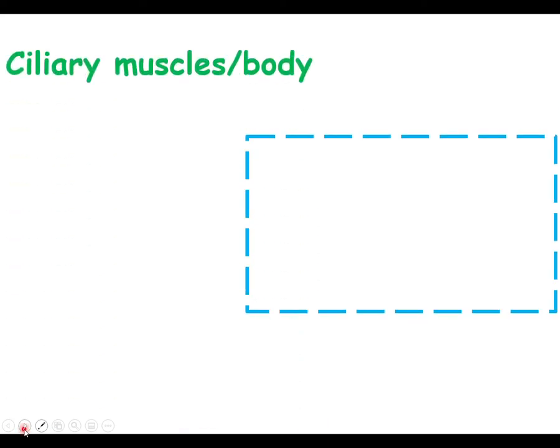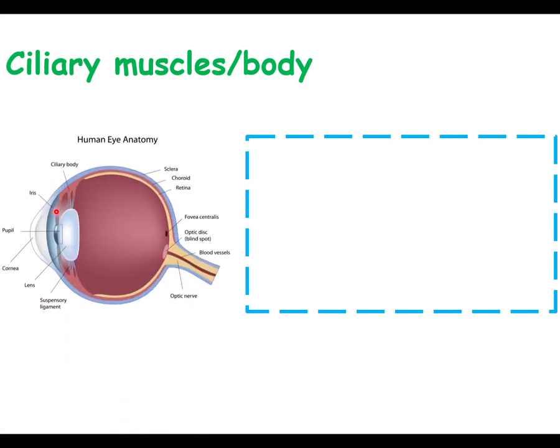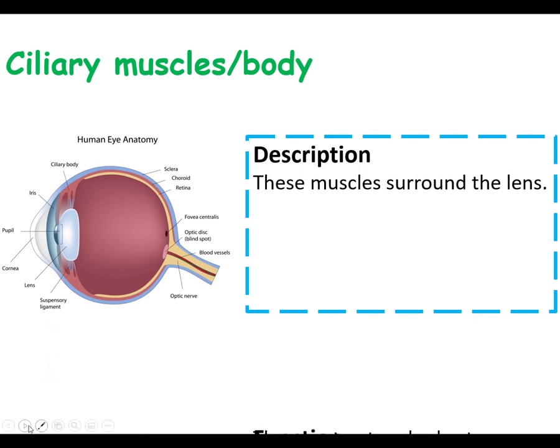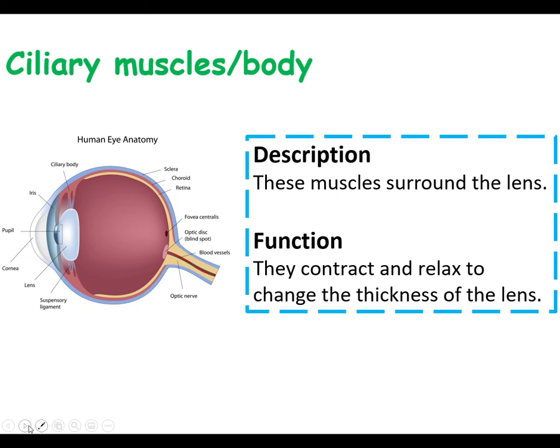Then we have the ciliary muscles. Now, we're getting to slightly more complicated parts of the eye. The ciliary muscles or ciliary body are a ring of muscle, and again, remember this is a two-dimensional diagram of a three-dimensional structure. So they're a ring of muscle that surround the lens. They contract and relax, and that has a knock-on effect on the thickness of the lens.